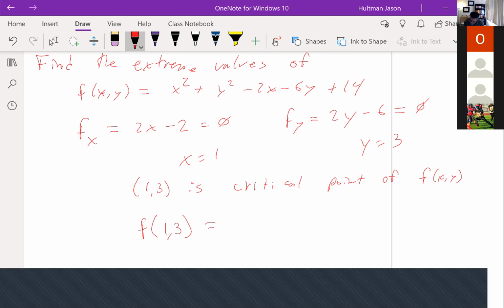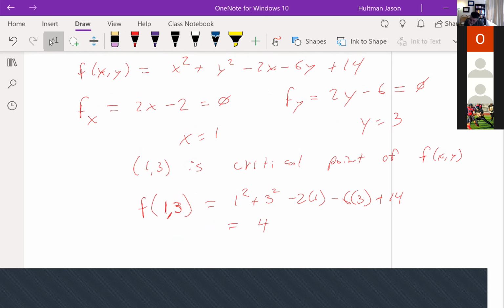Let's see what we got here. 1 squared plus 3 squared minus 2 times 1 minus 6 times 3 plus 14. If I plug all that into a calculator, I would get 4. Okay, so 4. So what's the problem here?